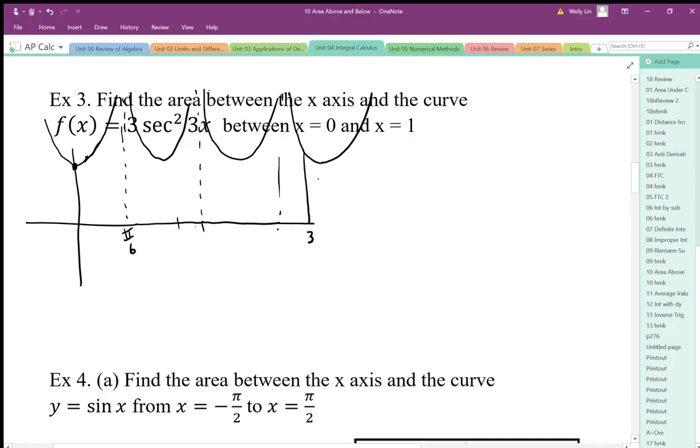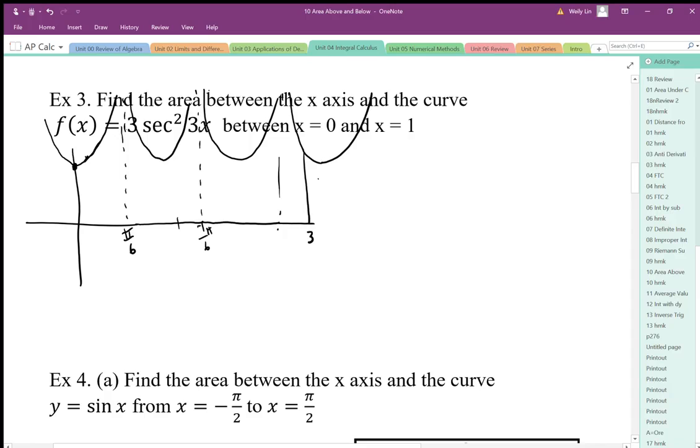So that's going to be 5 pi over 6. Yeah, that looks about right.